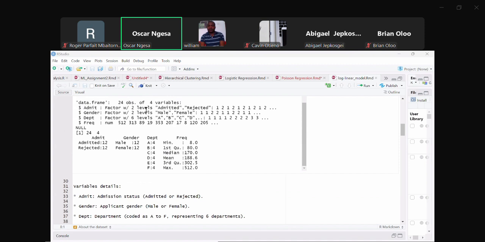But remember, if you read it and you don't define it, it will be treated as a numeric. And if it is treated as a numeric, then it's your duty now to convert it to a factor by introducing that function factor inside your model. But if it is already converted into a factor inside your data, then you don't need to write factor in your model.